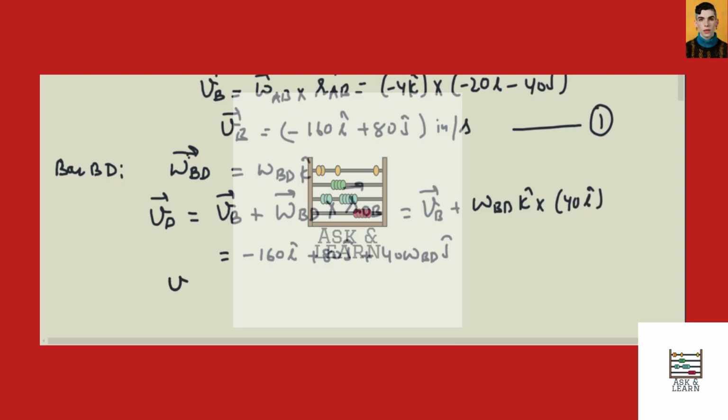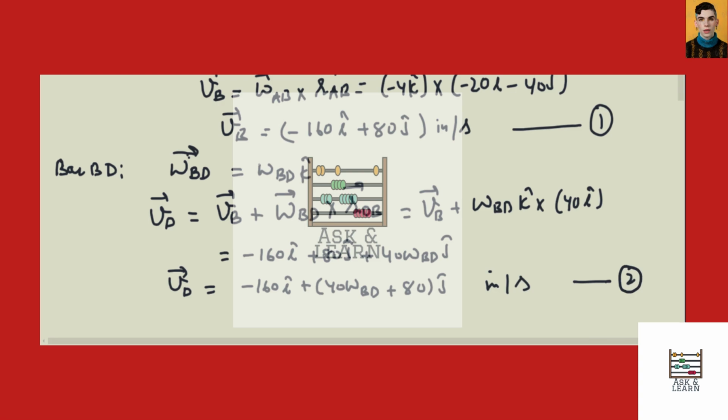So we can write the velocity of point D as minus 160 i cap plus (40 omega BD plus 80) j cap. Unit will be inch per second. Say this is equation 2.